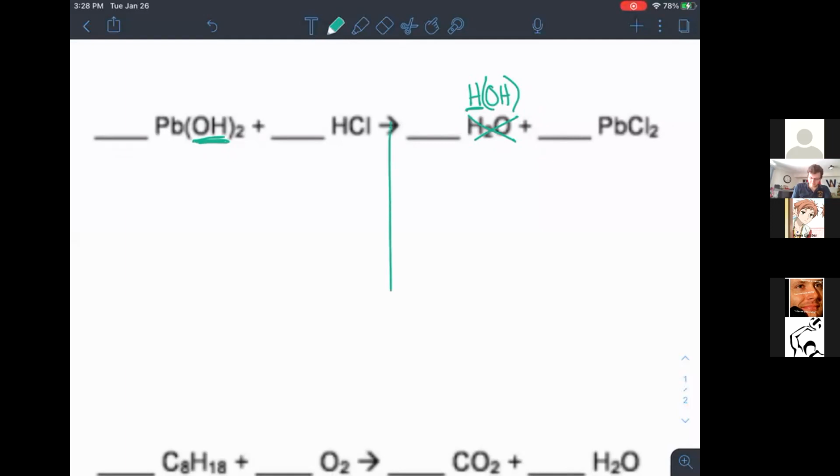All right. So then we're going to make our different elements and polyatomics. So what are the elements or polyatomics we see on the left side, that reactant side? Anybody know one of them? Lead, perfect. What's another one?